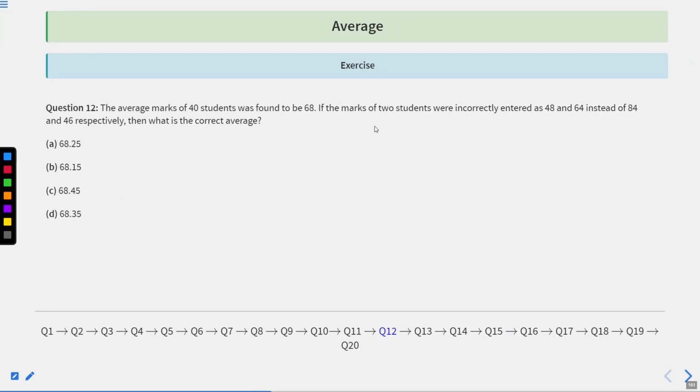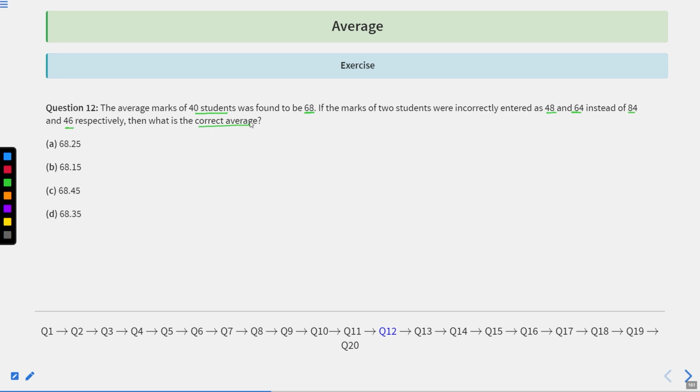Moving on to problem number 12. The average marks of 40 students was found to be 68. So 40 students appeared for a test and the average marks was 68. If the marks of two students were incorrectly entered, 48 and 64 instead of 84 and 46 respectively, then what is the correct average?